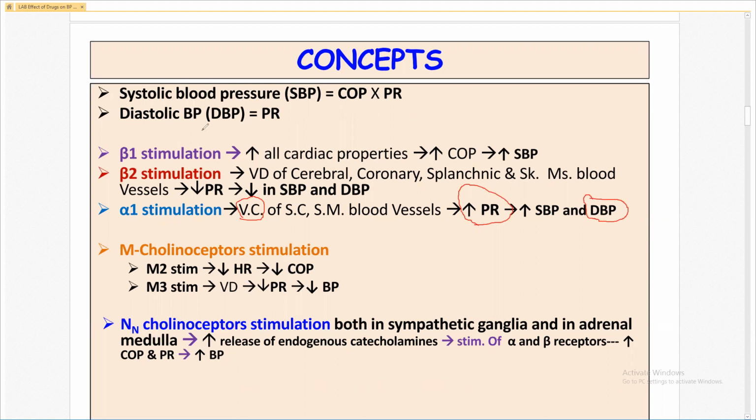These are all agonists, remember. So alpha 1 stimulation causes vasoconstriction, increases the peripheral resistance, and increases the diastolic blood pressure.